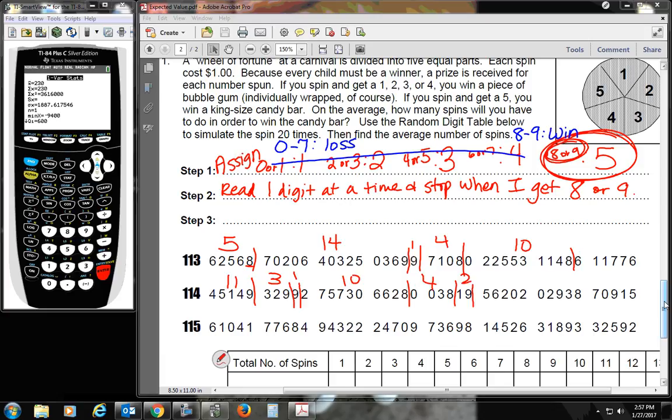Let's see, we got to do this 20 times. I've done it 1, 2, 3, 4, 5, 6, 7, 8, 9, 10, 11. I've done it 11 times only. Okay, so here's another one. That's 12, 13, 14, 15, 16, 17, 18, and 19, and 20. Okay, I'm going to get to stop for real after that one. So let me go count up how many I had to do.